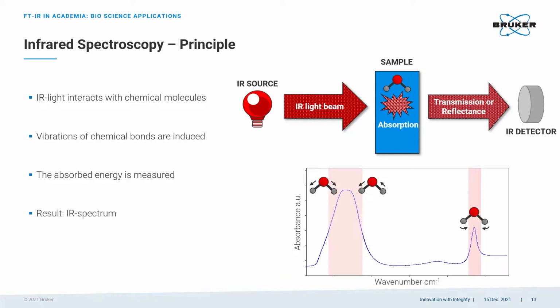As a result from that absorbed and measured energy, we get an IR spectrum of the individual sample that we've measured. Here there's an example shown for the water molecule.